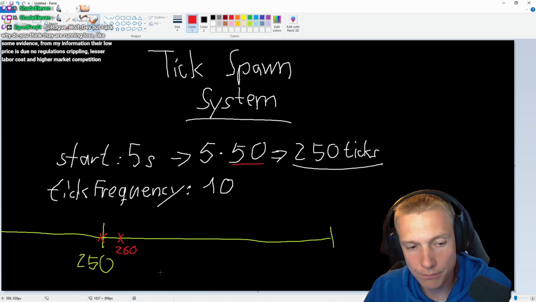If I have 5 enemies spawning after 250, that would be 1, 2, 3, 4, 5. Do I calculate the end properly? The end would be the start plus the frequency times count. So let's say there's 5. That is 250 plus 50.